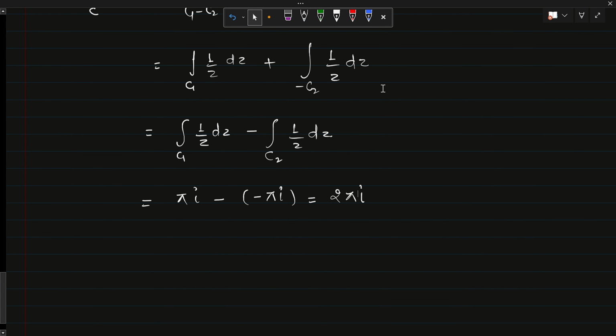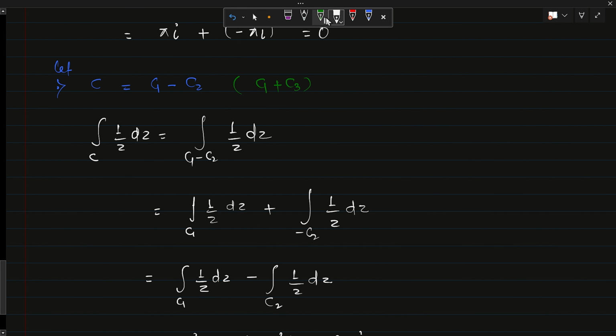Now if you want to identify कि ये कर्व दिखेगा कैसा, तो we can draw, like suppose this is our complex plane and this is going to be our unit circle. Okay, this is our unit circle. This point is 1, this point is -1.